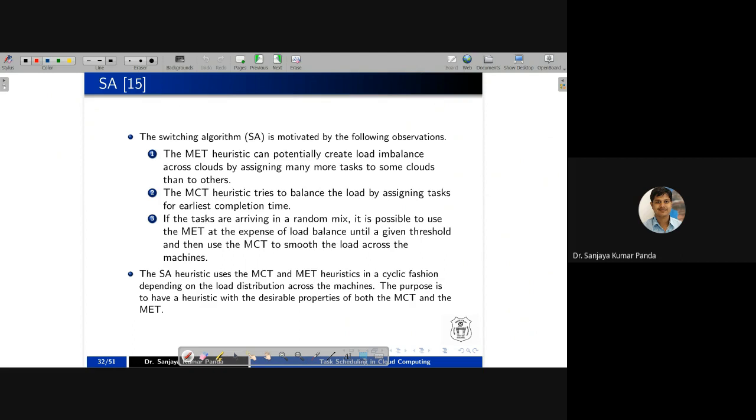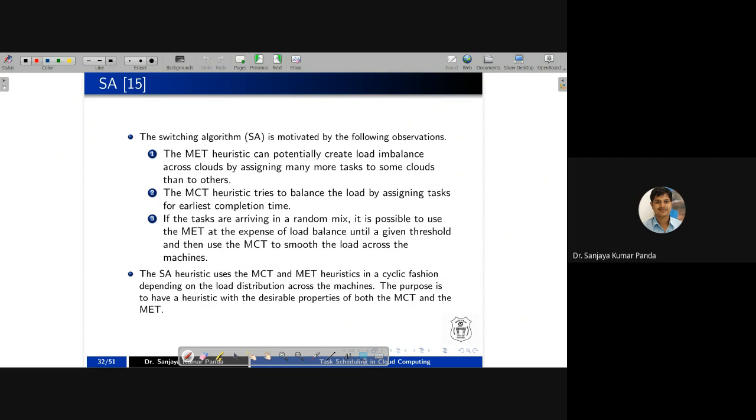So if we calculate the load, and based upon that decide whether to go for MET or MCT, then it is possible to get a better result than MCT. The switching algorithm actually does that.